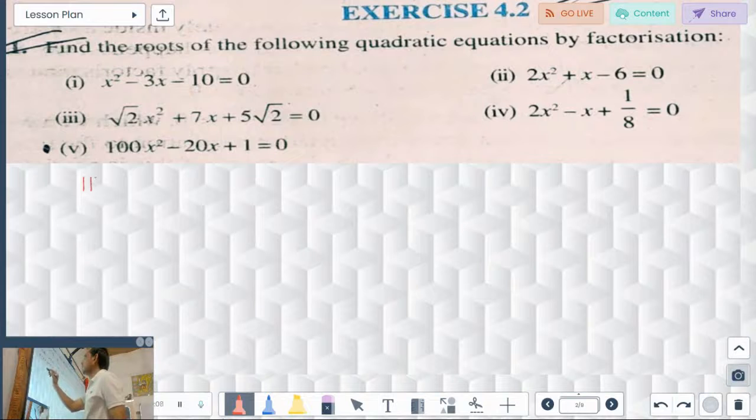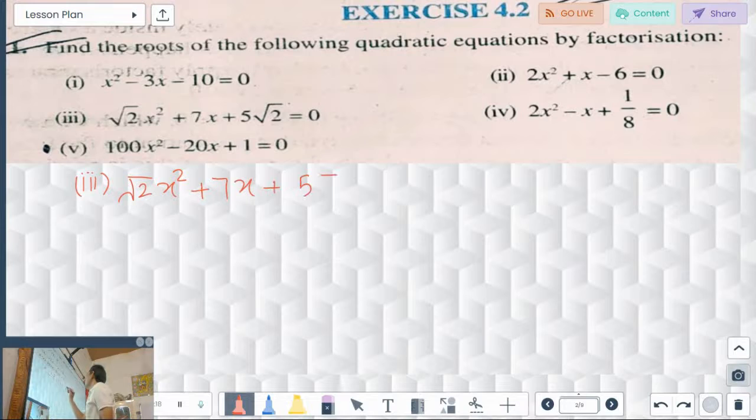Okay, root 2 x square plus 7x plus 5 root 2 equal to 0. Compare with the standard equation. Now a equal to root 2, b equal to 7 and c equal to 5 root 2.